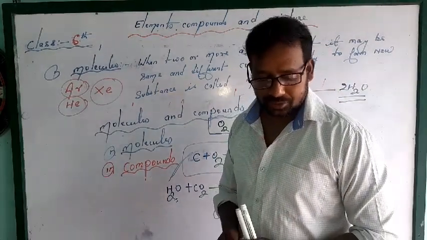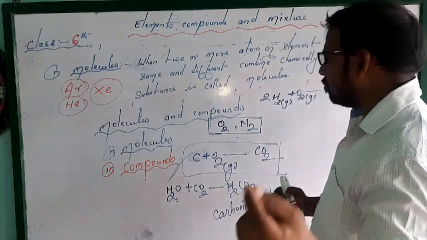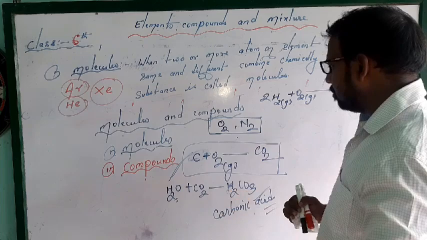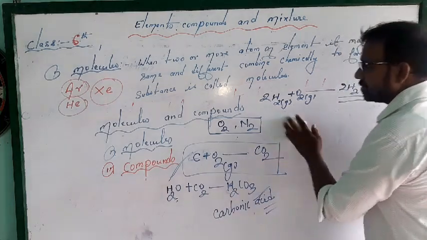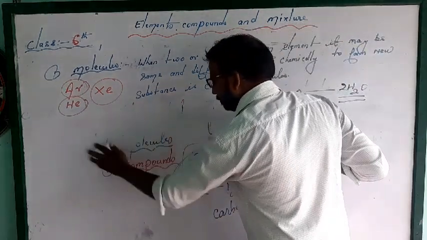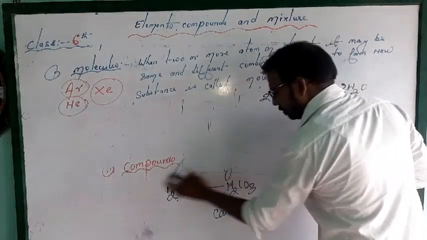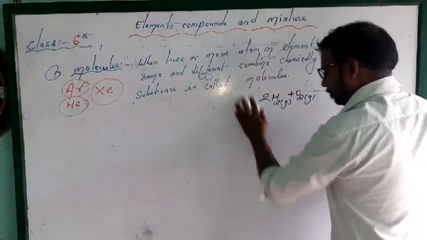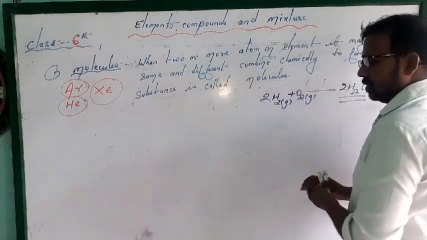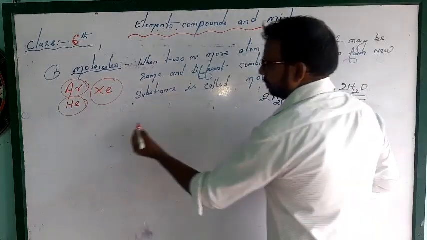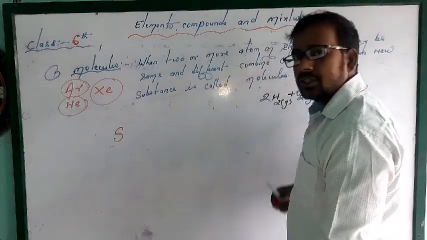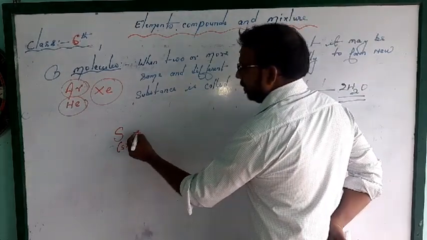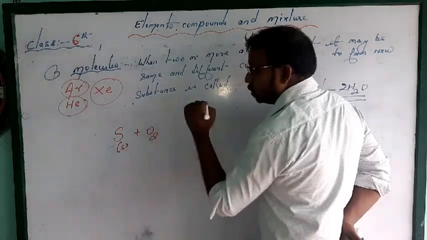What is a mixture? So I want to give you one example of how compounds are formed. Let's see. Suppose sulfur, S for sulfur. Sulfur is found in solid form. Sulfur combined with oxygen O2.